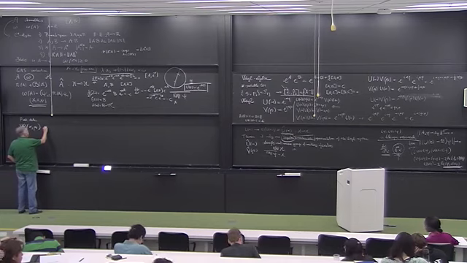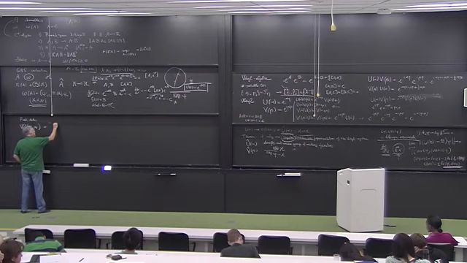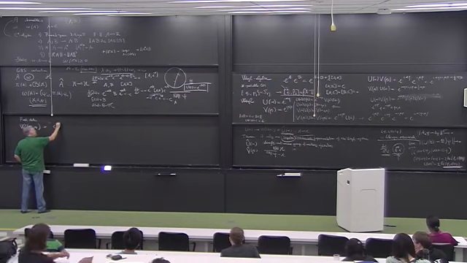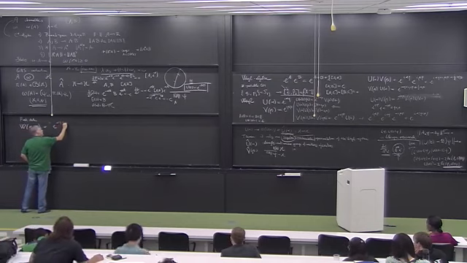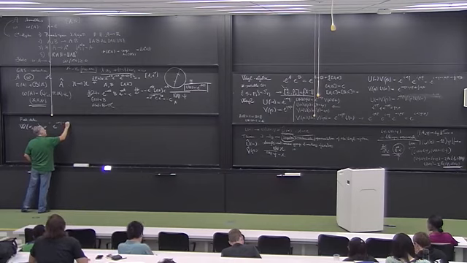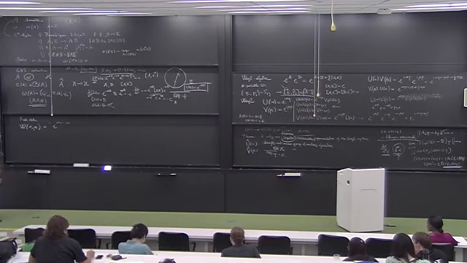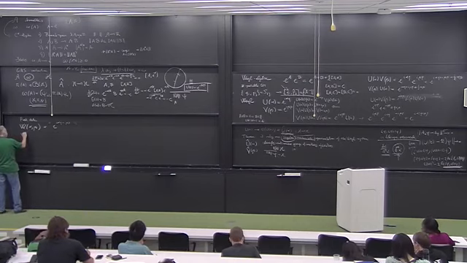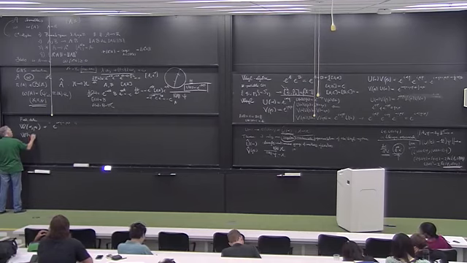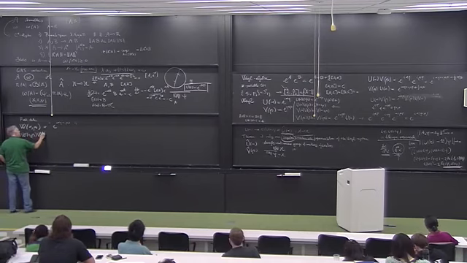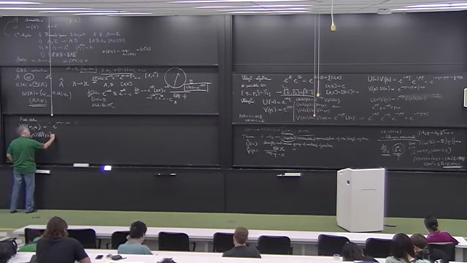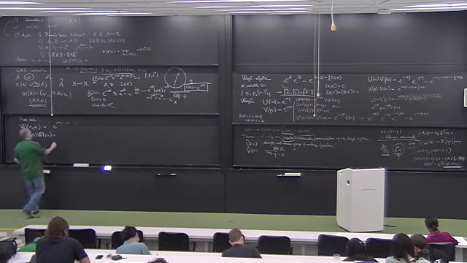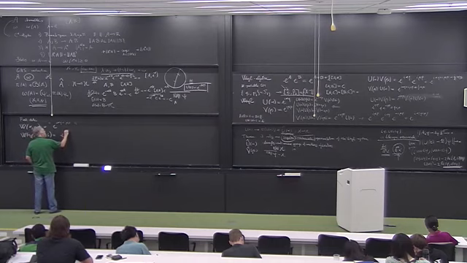So W(alpha, beta) is, let me put here these quotation marks, you can think of this. Okay. So let's compute what it is. W(alpha, beta) W(gamma, delta). This is, let's do the same formal computation we did before.